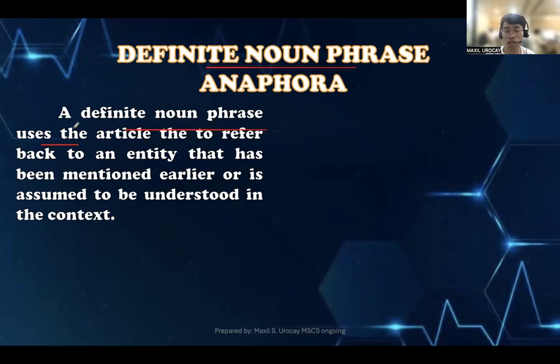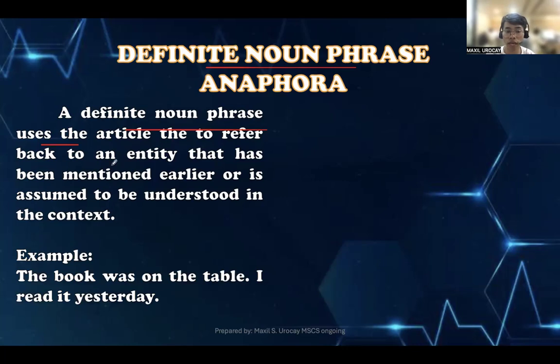So let's try to see. The book was on the table. I read it yesterday. So with definite noun phrases, we use the definite article, the, to refer back to entities that have been mentioned earlier or assumed by the listener or reader.